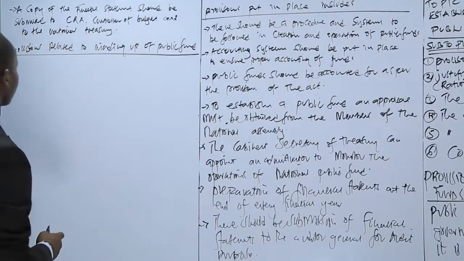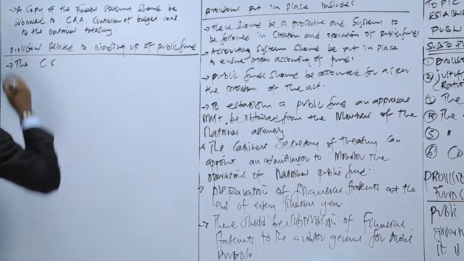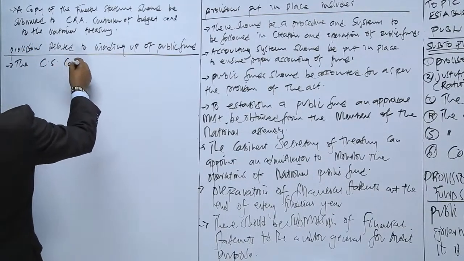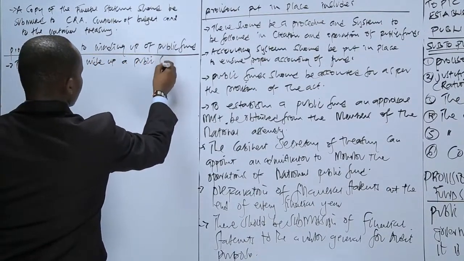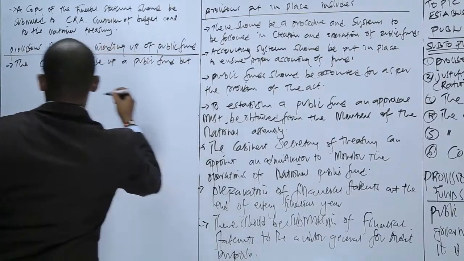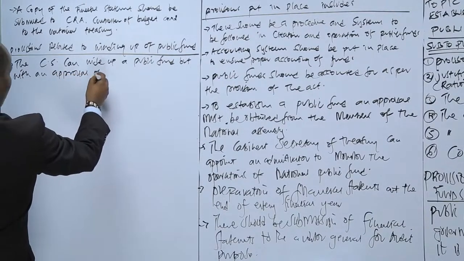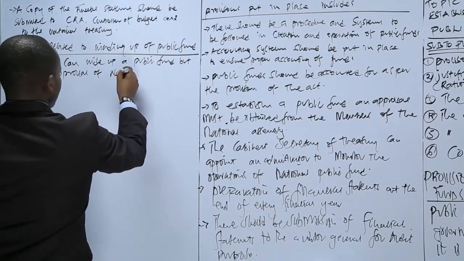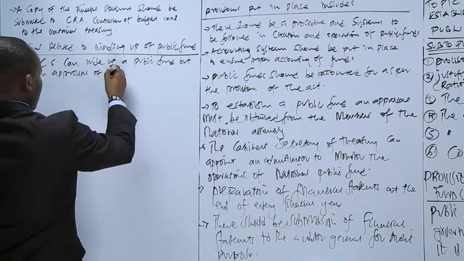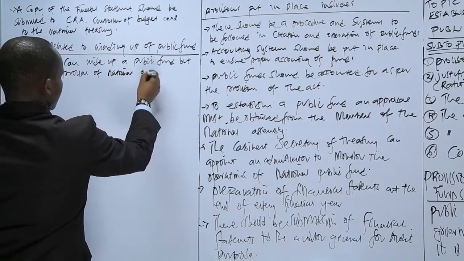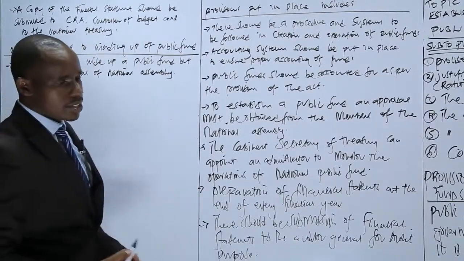So one provision under winding up is that the CS can wind up a public fund, but with an approval of National Assembly. He cannot do it on his own.